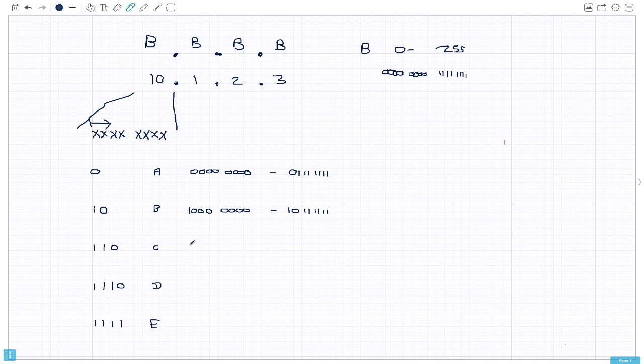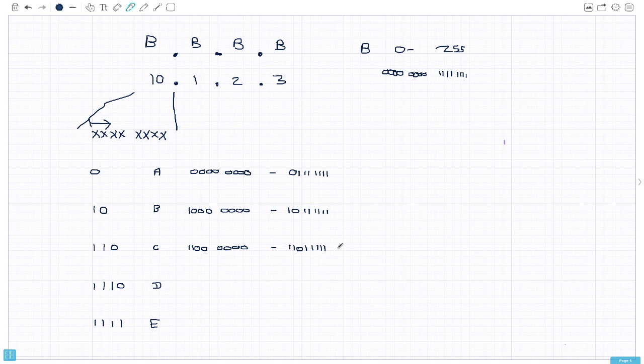A class C address goes from 1 1 0 0, all followed by zeros, right the way through to 1 1 0 followed by 5 1s. So 0 followed by 7 ones, 1 0 followed by 6 ones, or 1 1 0 followed by 5 ones.